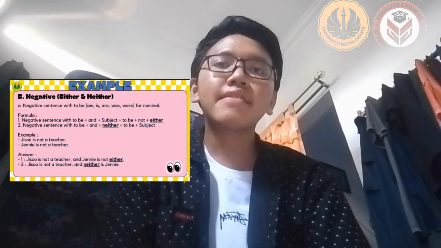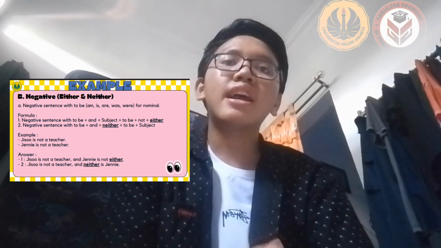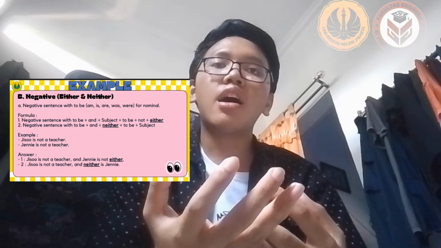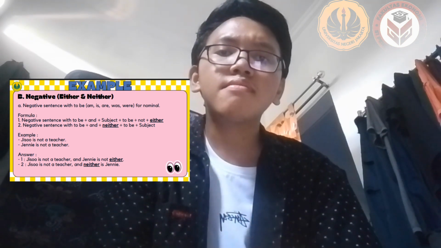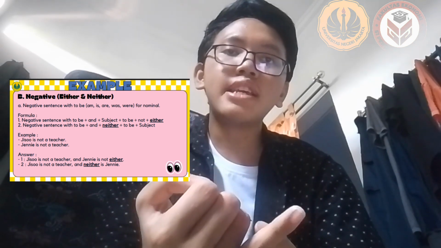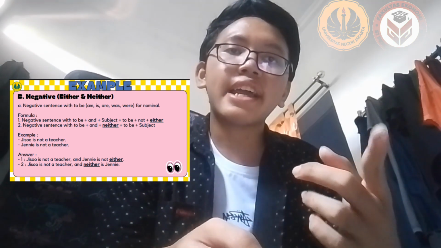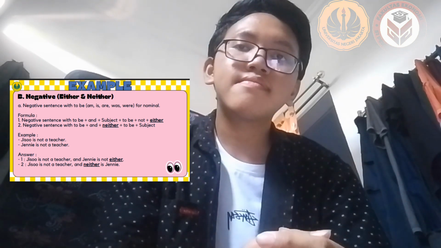Example for the negative, either or neither. Negative sentence with be: am, is, are, was, were, for nominal. The formula is: negative sentence with to be and subject, to be, not, either.